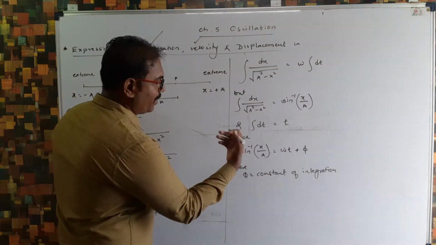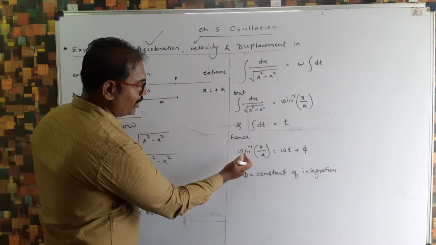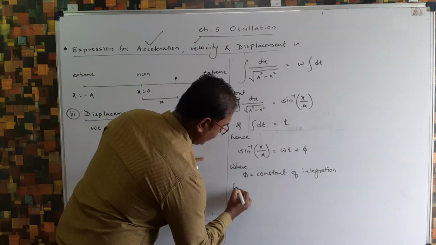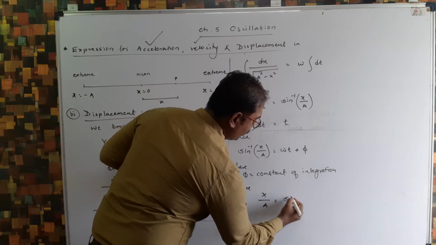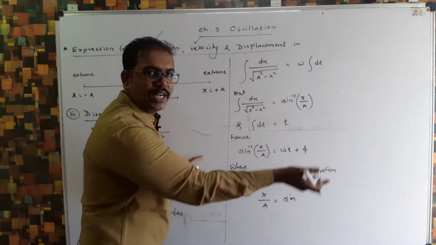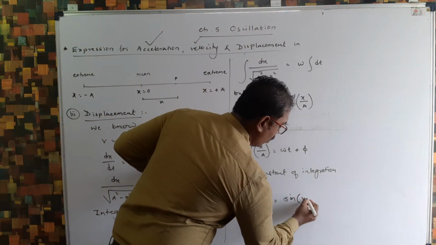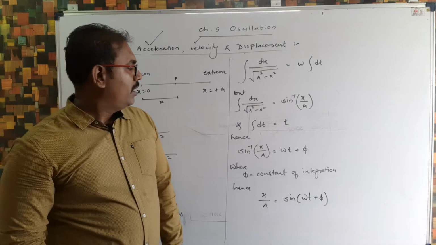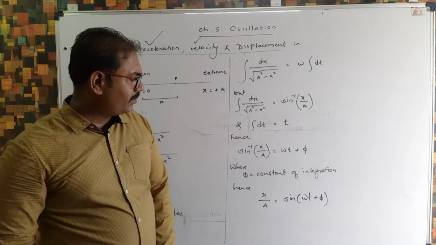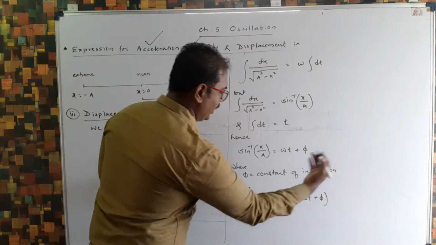Now after that we have to obtain displacement, means x we have to find out. So sine inverse we can shift to that side. Hence x by a is equal to sine of omega t plus phi. Now we have to obtain x, so we can transfer this a to that side.